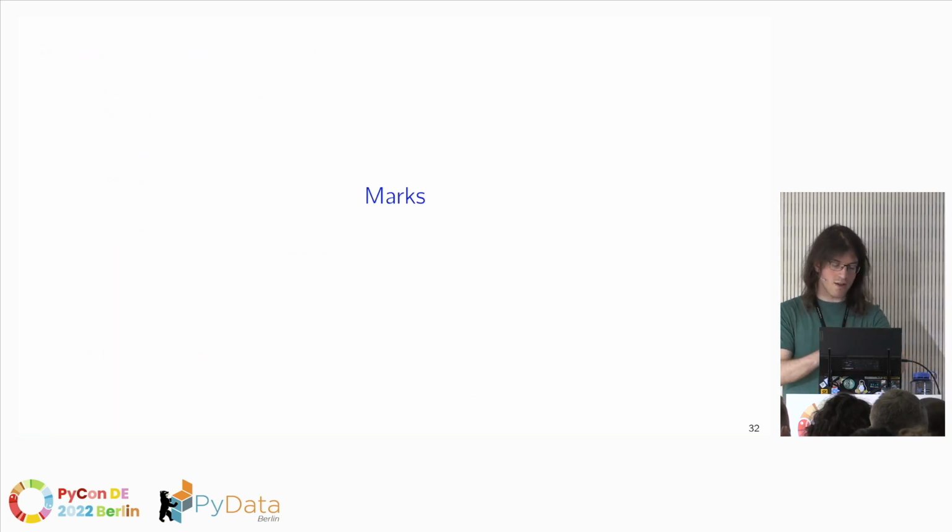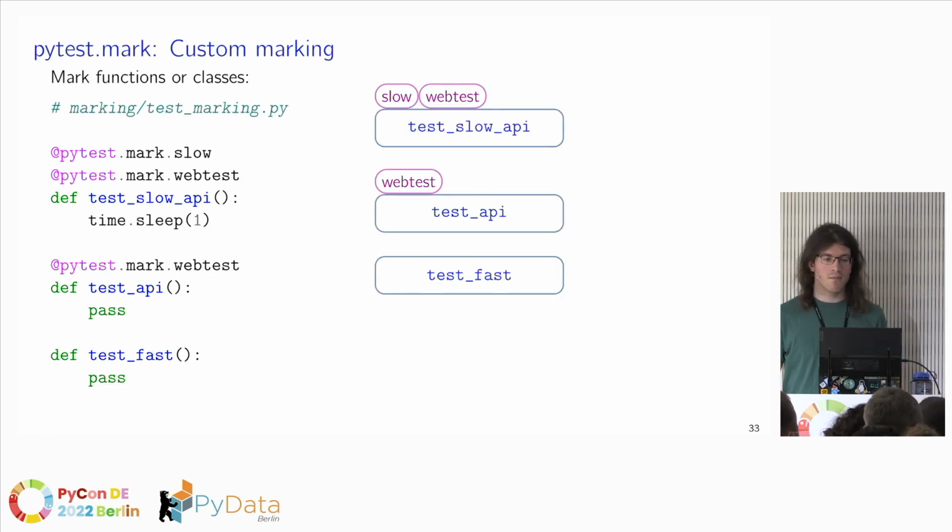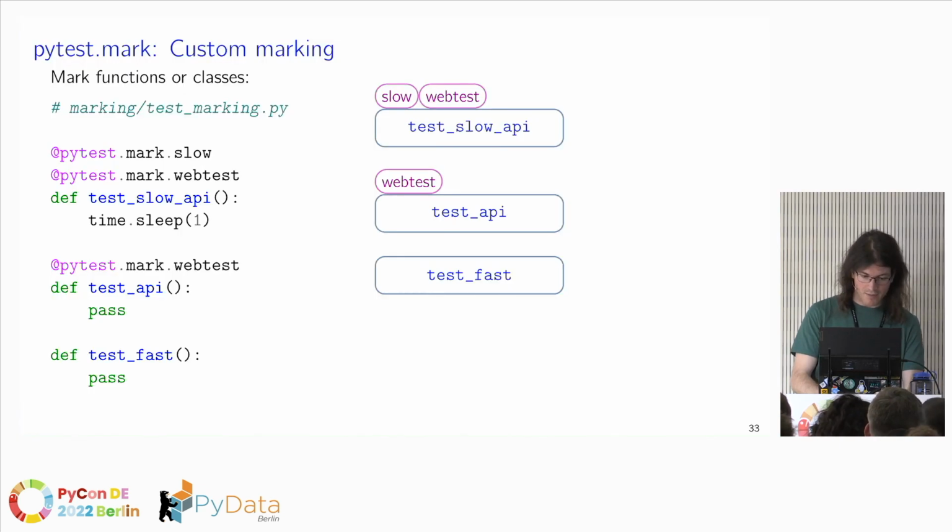So for the last topic, before the lunch break, let's take a quick look at marks. Marks let us mark, as the name says, functions and classes. Here, for example, we use the pytest.mark decorator with pytest.mark.slow and pytest.mark.webtest. We can use whatever names we want here.